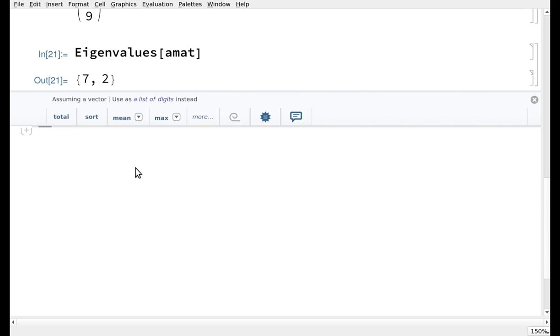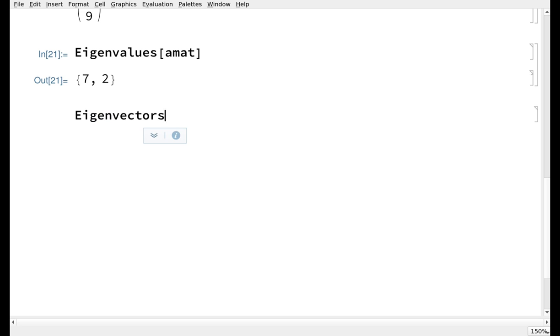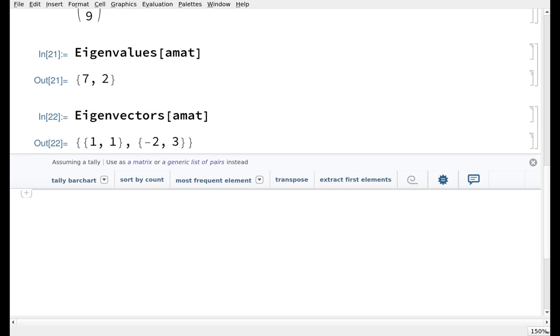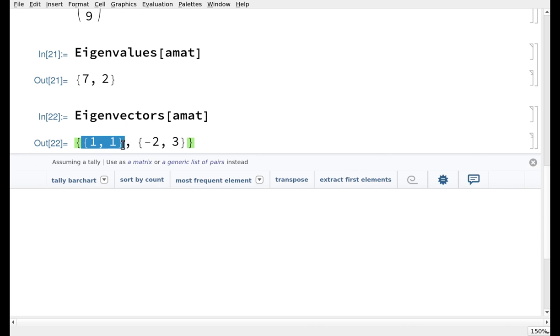And then if you want to get the eigenvectors, as you might have seen, there's also an Eigenvectors command, so I can use that. It turns out I believe that the eigenvalues and eigenvectors are given in corresponding orders. So in other words, the first eigenvalue that was given goes with the first eigenvector. So 1, 1.